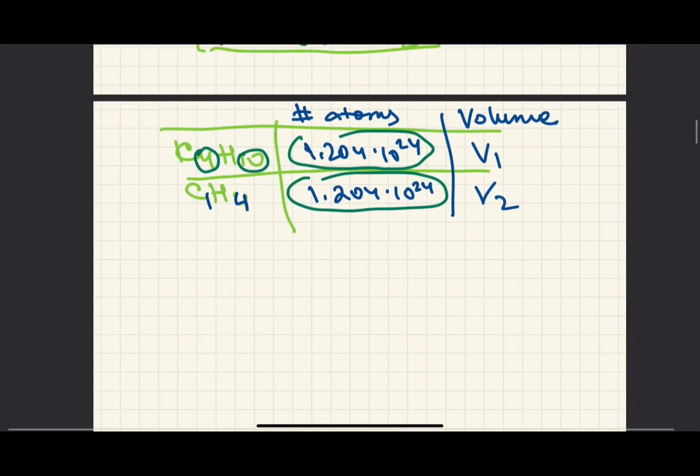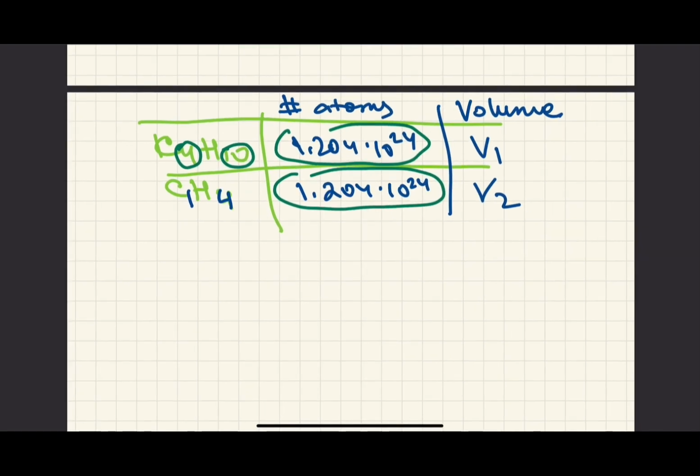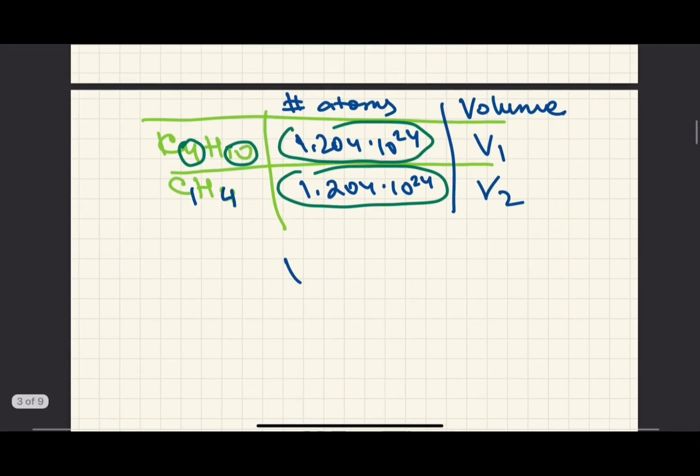So because when we divide it by 5, it will give us higher volume, V2 will be higher than V1. So when you have more atoms, you will have less volume. When you have less atoms, you will have bigger volume, considering that you have exact same number of atoms.